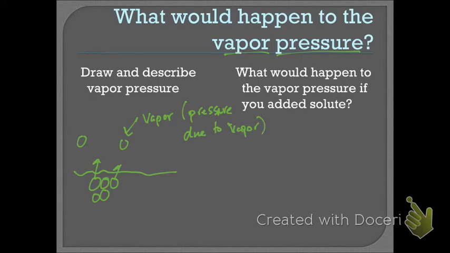The vapor pressure is the pressure due to these gas particles that leave. And so the more evaporation that occurs, the more gas particles, and therefore greater vapor pressure. But remember, we just said that evaporation is limited when you add solute. And so therefore, as you increase solute, you decrease vapor pressure.